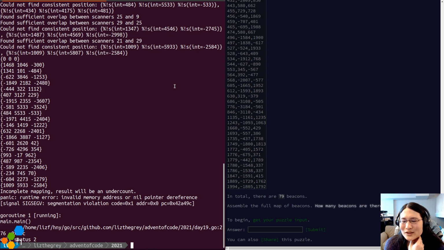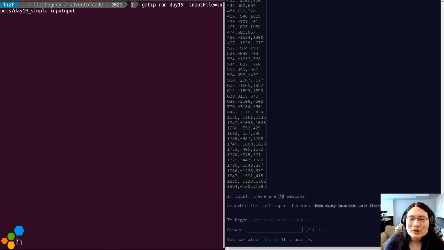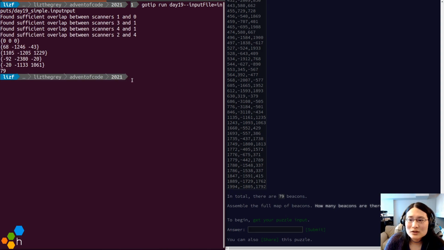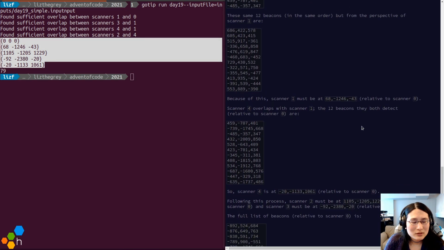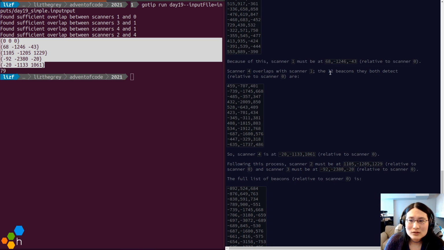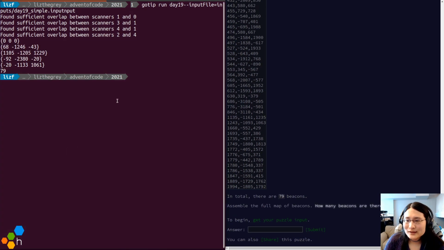What have I done wrong here? Because now this code solves the sample input fine. And it finds all of the positions. Right? 68. Negative 20. 1105. Negative 92. So now I must be doing something that doesn't fully generalize.